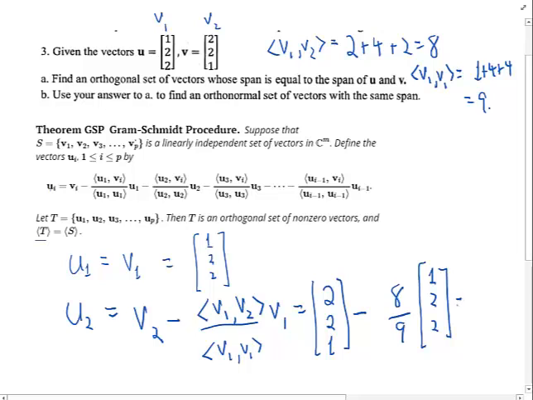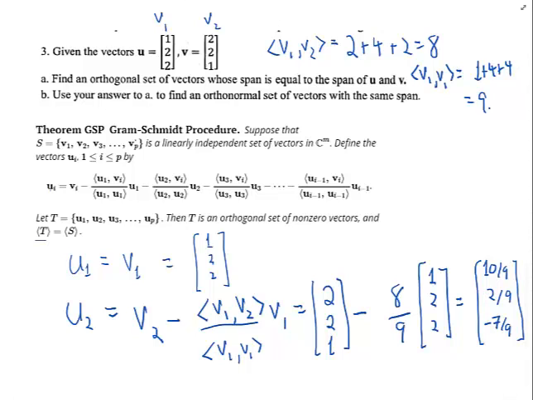If I write this, 2 is 18/9 minus 8/9, which gives me 10/9. 2 again is 18/9 minus 16/9, which is 2/9. Here's 1 minus 16/9. 1 is 9/9, so that's minus 7/9. So here is my other vector.